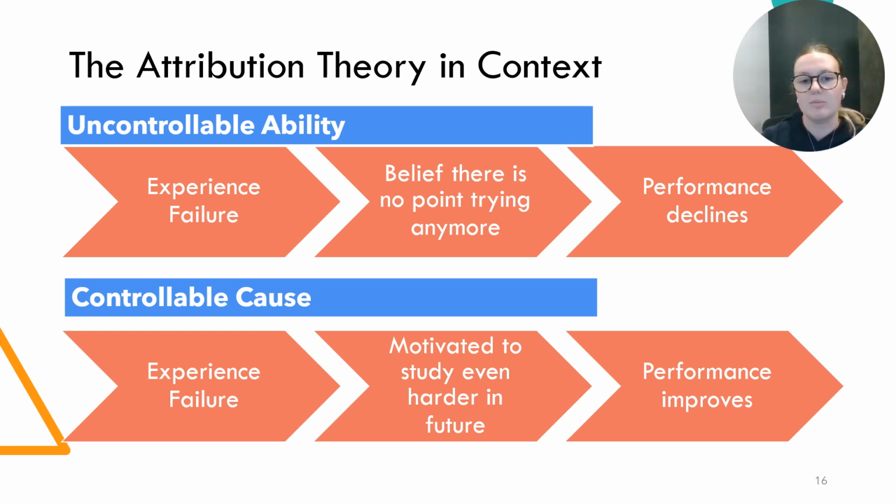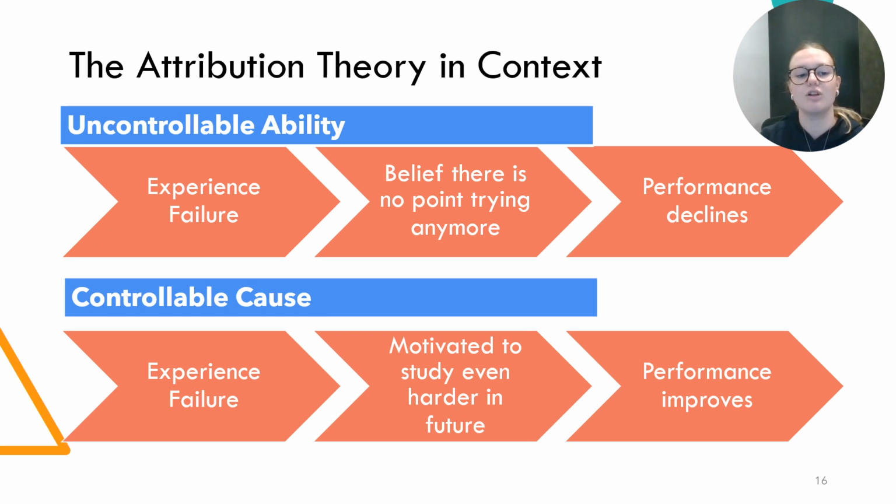This will result in them no longer trying, believing it would be pointless to study or to revise for a test or an assignment because they believe that they're deemed to fail no matter what they do, and then their performance will decline because they're not putting any effort in anymore, just believing that they'll fail no matter what.